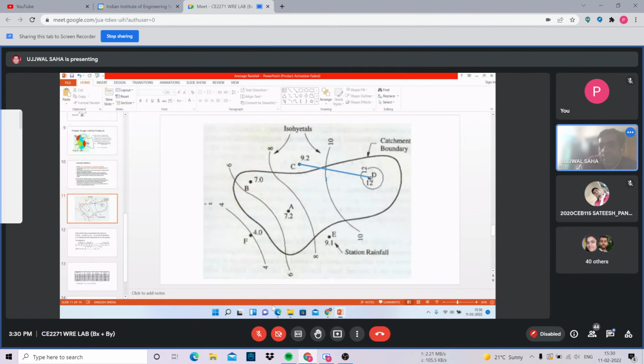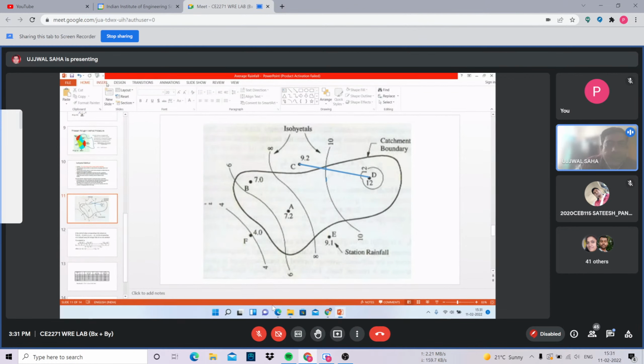That means somewhere there must be 10, isn't it? Again assuming the variation is linear, at some point it should be 10. So where is that 10? I get it. Okay, here this is the 10. I mark it.